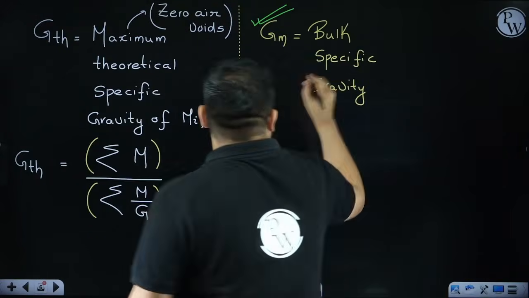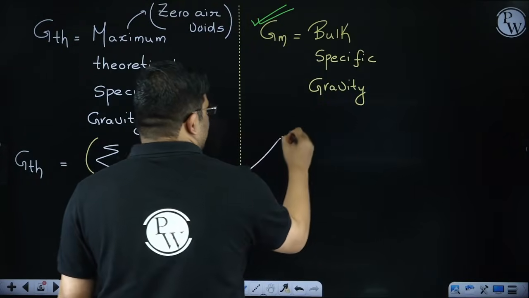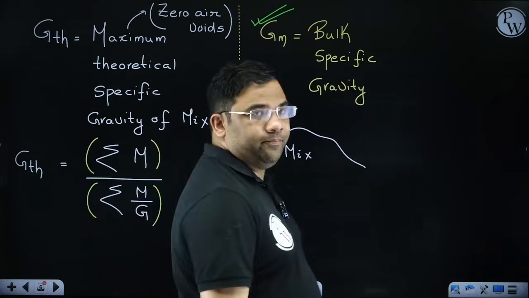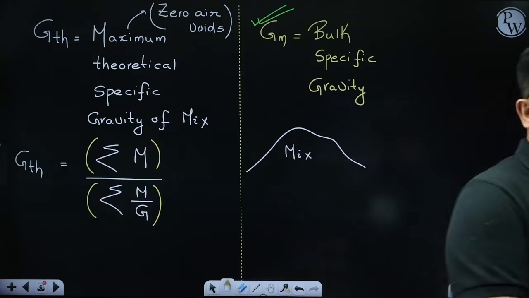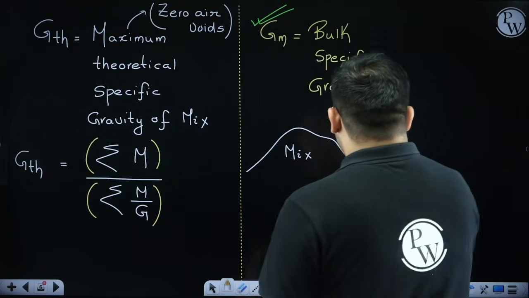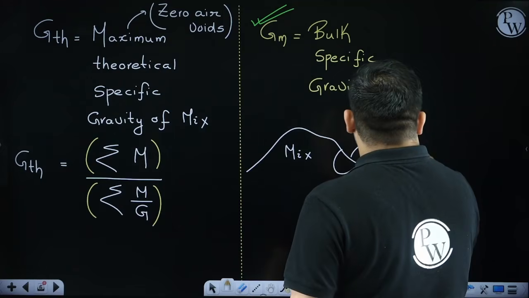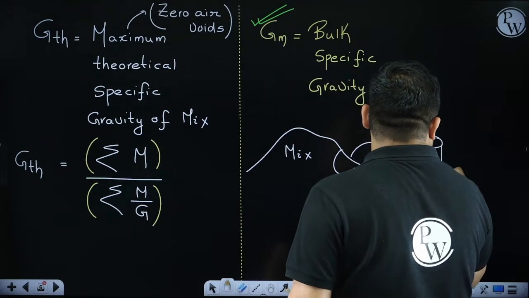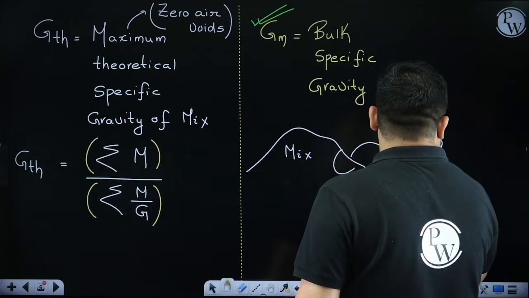And how do we find out this bulk specific gravity? You see, this is the mix, where we have all the constituents: coarse aggregate, fine aggregate, filler, and bitumen, everything is there. So from this mix, we'll take a small portion and prepare a sample or specimen.